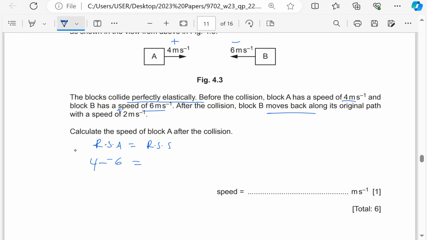let's say the speed of A after the collision is V, then because B moves to the right, its velocity is positive.